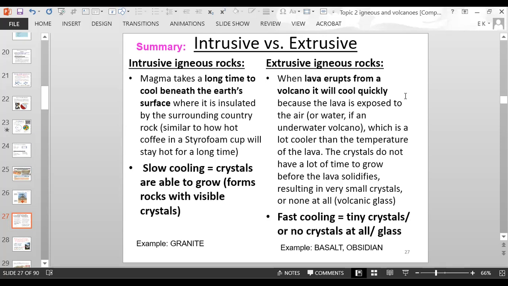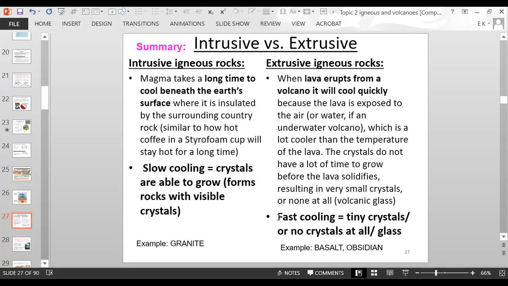And the air or the water is a lot cooler than the temperature of the lava. So the lava loses heat quickly, and the crystals do not have a lot of time to grow before the lava solidifies. So you either get very small crystals or no crystals at all. If you get no crystals at all, that's volcanic glass.